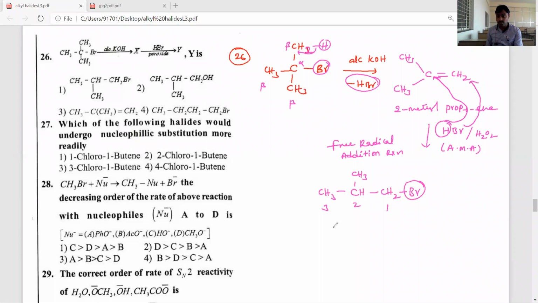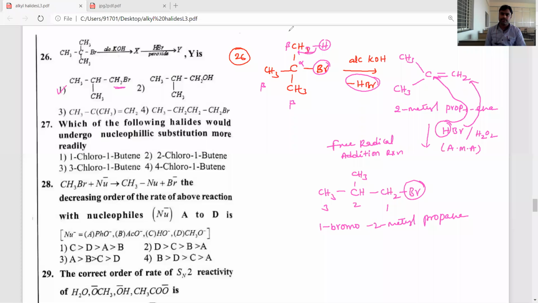So its name is 1-bromo-2-methylpropane. According to the options, the correct structure is the first option, CH3 CH CH3 CH2Br. The first step is an elimination reaction, dehydrohalogenation. The second is an anti-Markovnikov addition reaction. The final product is 1-bromo-2-methylpropane.